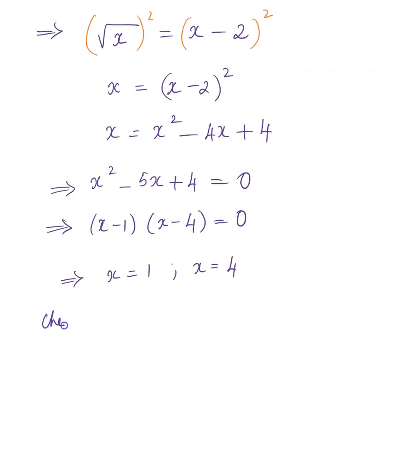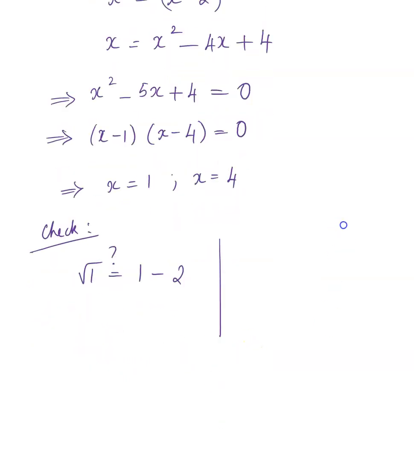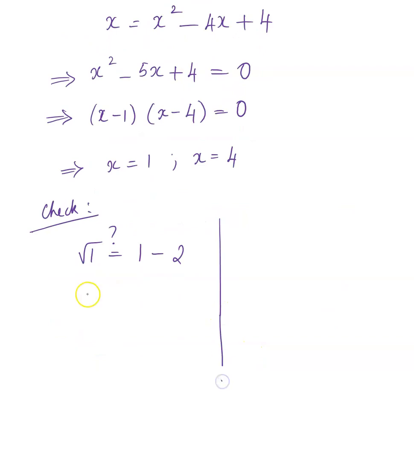So if you check the solution, I plug in 1 for x. Square root of 1 equals 1 minus 2. I'm checking it for the two solutions, so let me first focus on the first solution, which is 1. Square root of 1 is 1, and 1 equals negative 1, since 1 minus 2 is negative 1. Look at that, that is a false statement.